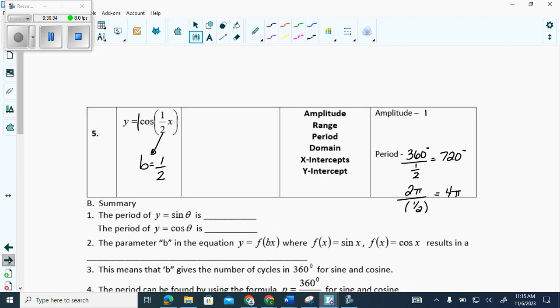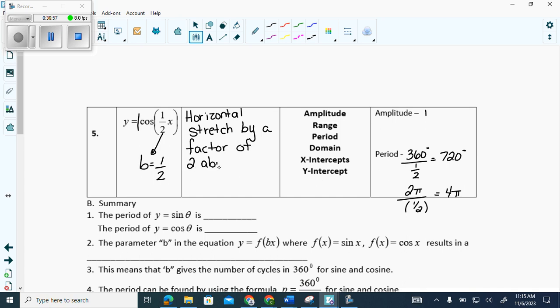Okay. This one is a horizontal stretch by a factor of what? Not even a 3 in the question. There's not even a 3 in the question. Horizontal stretch by a factor of 2.